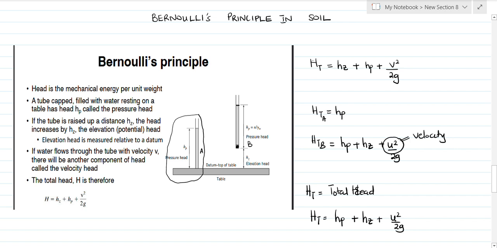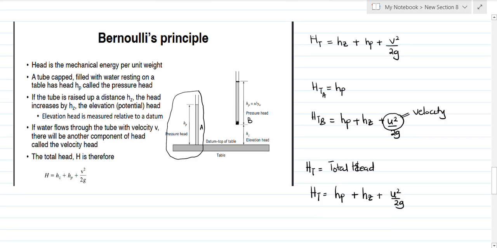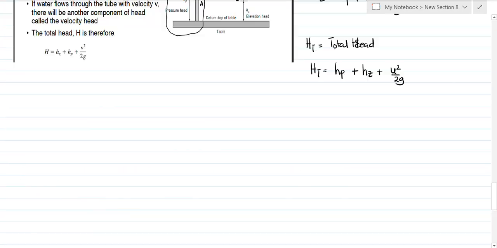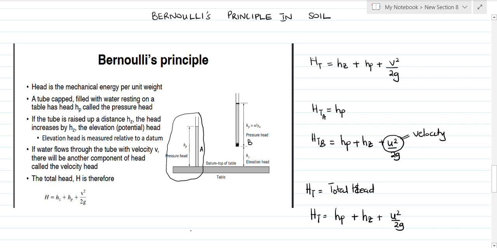Now, in soil, we know that there are small pore spaces between the particles of soil, and so fluid moves slowly. Fluid moves very, very slowly in soil.